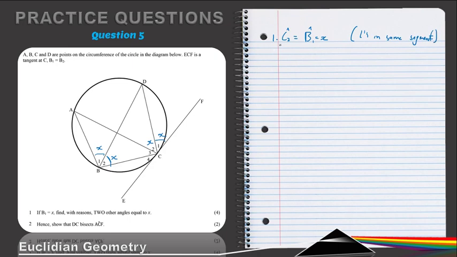And then for the second angle, we know that angle C1 is equal to angle B2, which is equal to x. And the reason is simply the tan chord theorem.